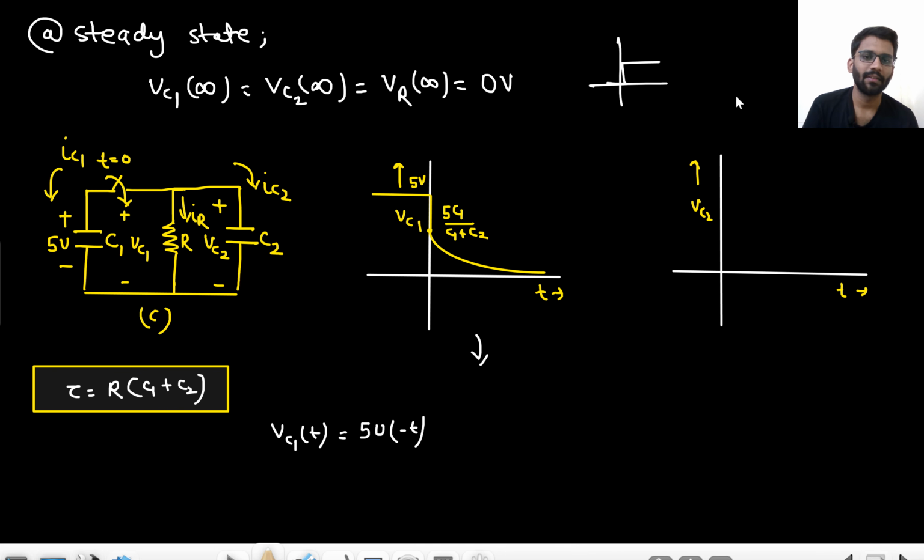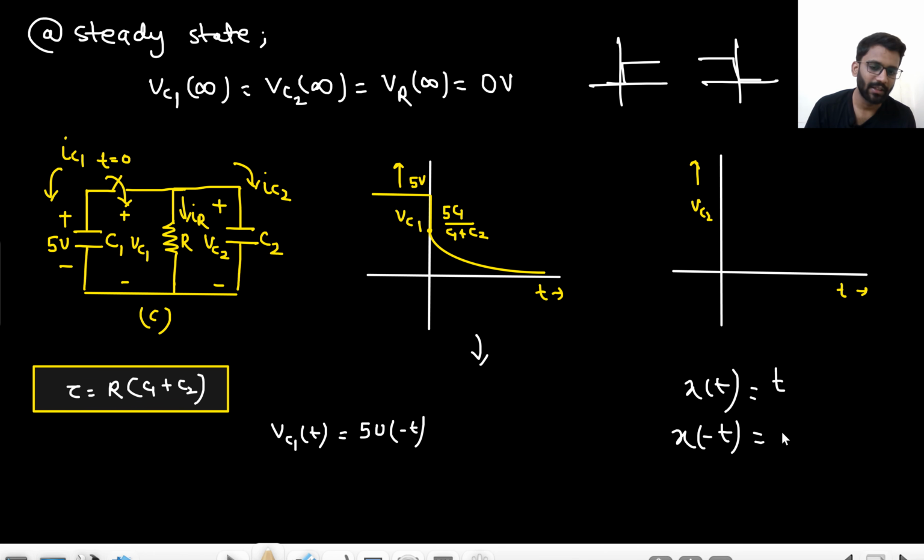If this is u(t), what will be u(-t)? Take x(t) equals t. What will be x(-t)? That will be minus t.